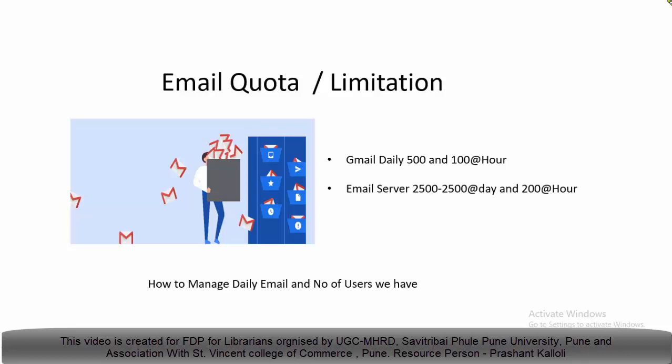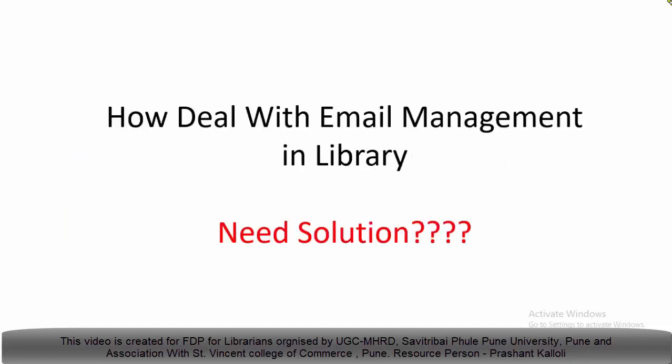So ask your institution if they have a G Suite account; then you can use that account in your applications and send mails to students regularly. So think about how to manage daily emails and the number of users we have in libraries. Yes, it is a difficult task. A big question now: how to deal with email management in the library?